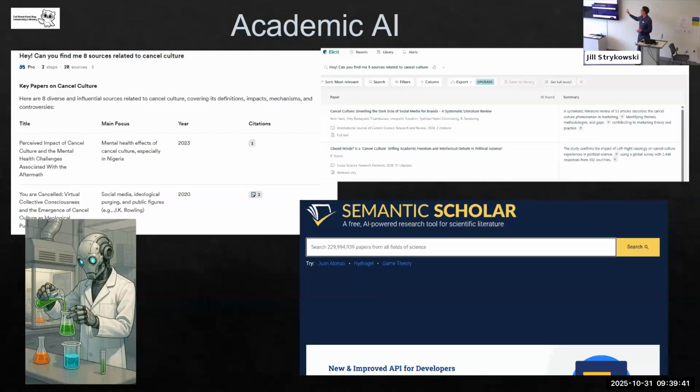Then we have the specialized academic AI tools. The big thing to know about, which I didn't know about until a few months ago, is Semantic Scholar, which has been around for several years. It's an open source database of academic research. They've got over 200 million papers in right now.